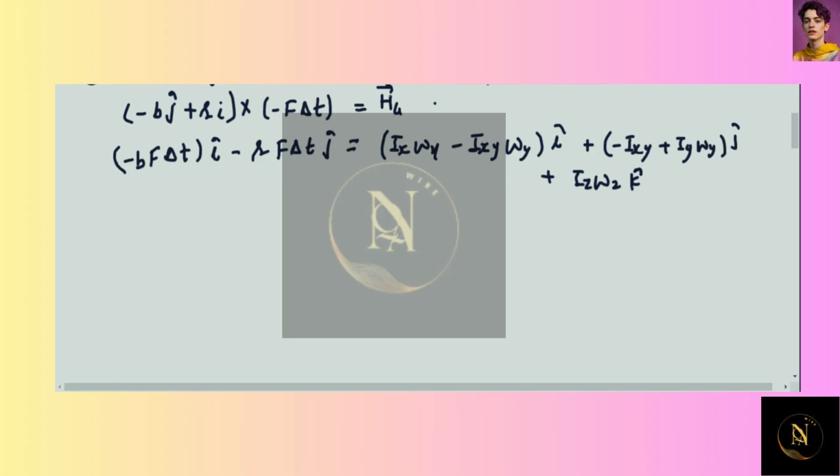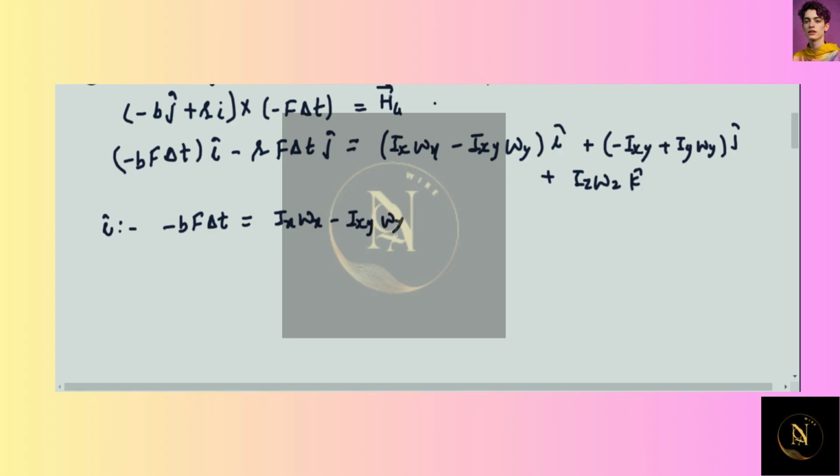Simplifying this equation, resolving the equation into its components, equating the coefficients of i cap, j cap and k cap, you may write Bf delta t to be Ix omega x.